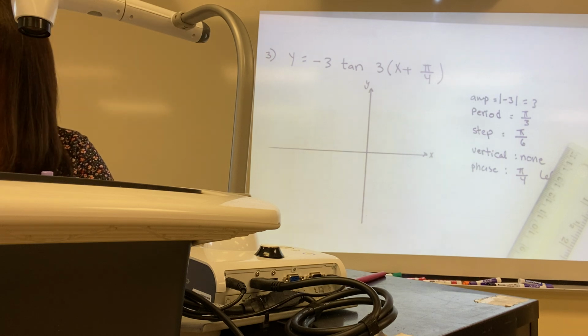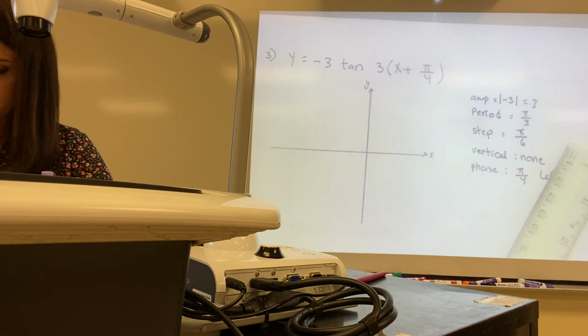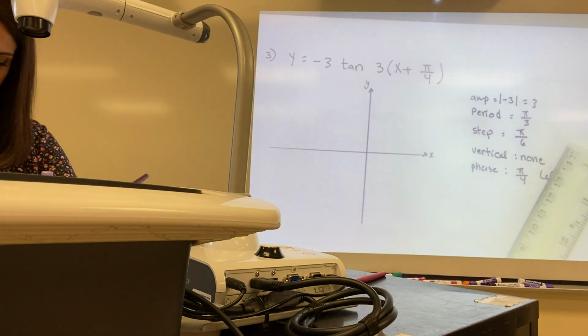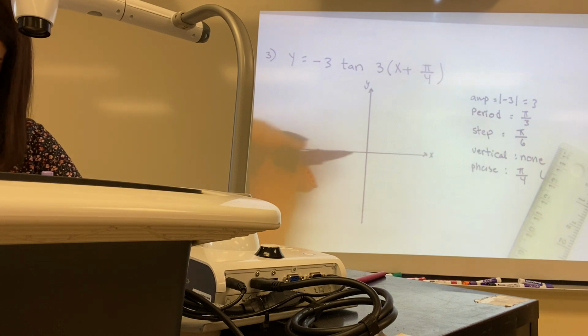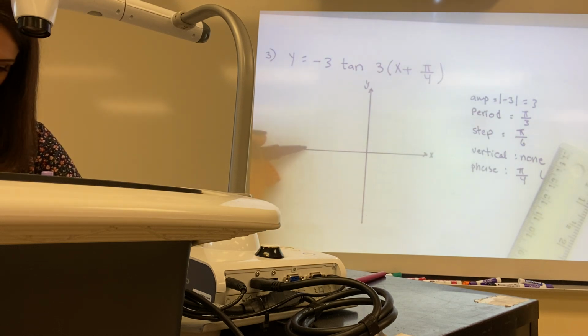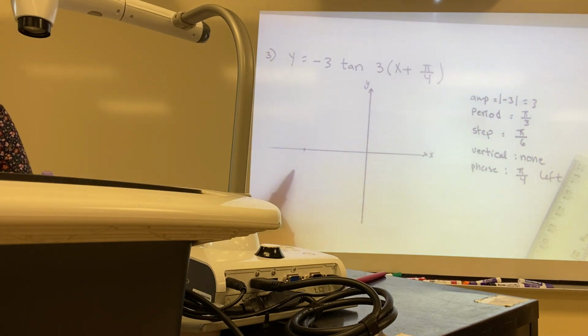Okay, and since we have a step of pi over 6, it will be shifted all the way here. So this will be negative, right?